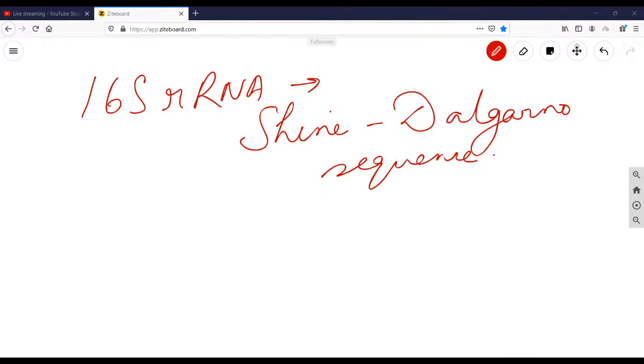The ribosome binding site is a short sequence of bases positioned upstream from the coding region, complementary to a portion of the 16S rRNA. So technically the rRNA contains the anti-Shine-Dalgarno sequence, while the Shine-Dalgarno sequence is present in the mRNA itself.